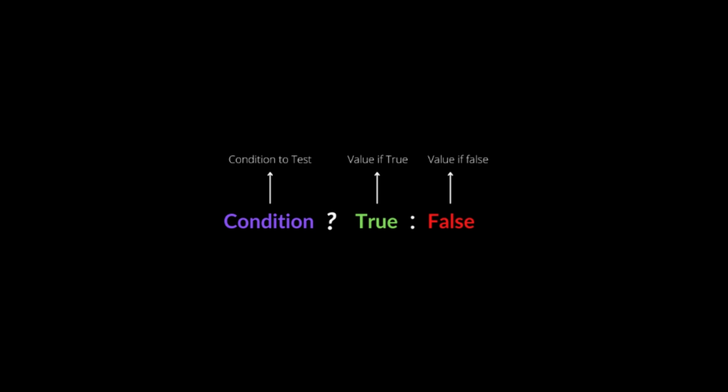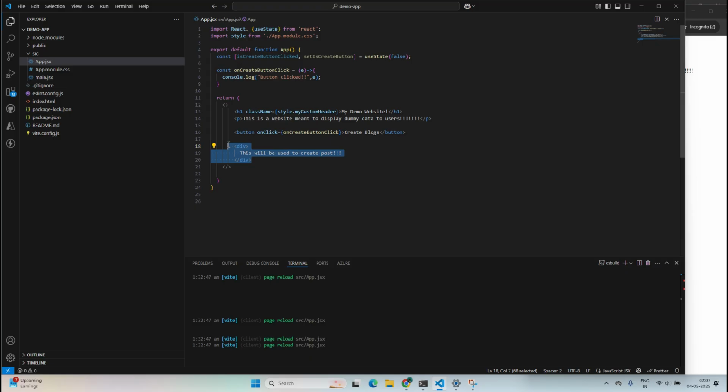If the condition is false, then the second value will be executed. So in our case, instead of these values, we are going to write the JSX. Let's see how we can do it in our code.